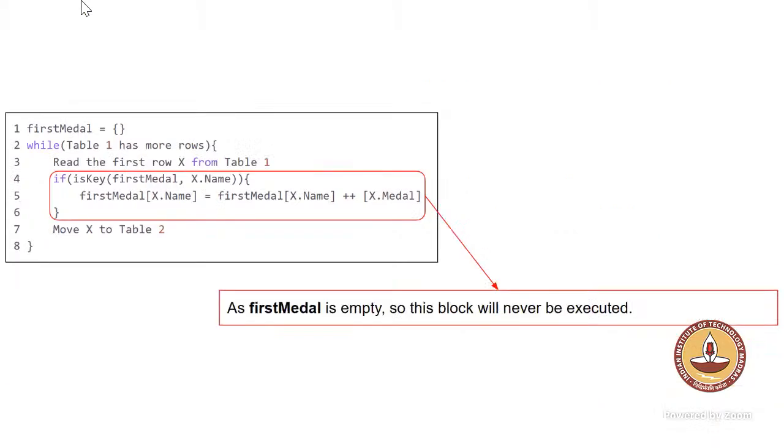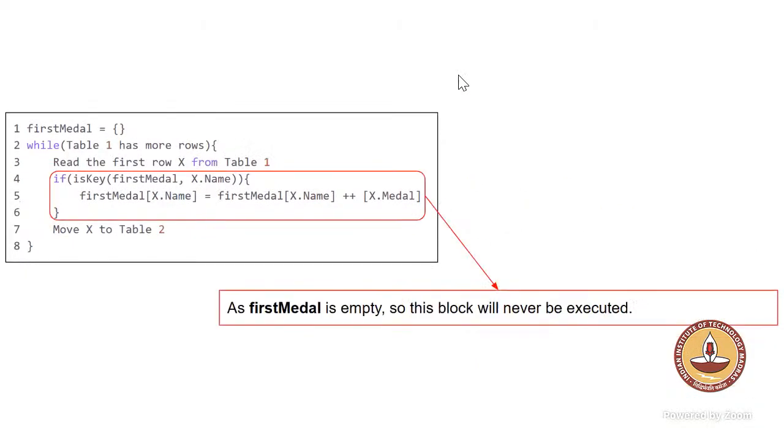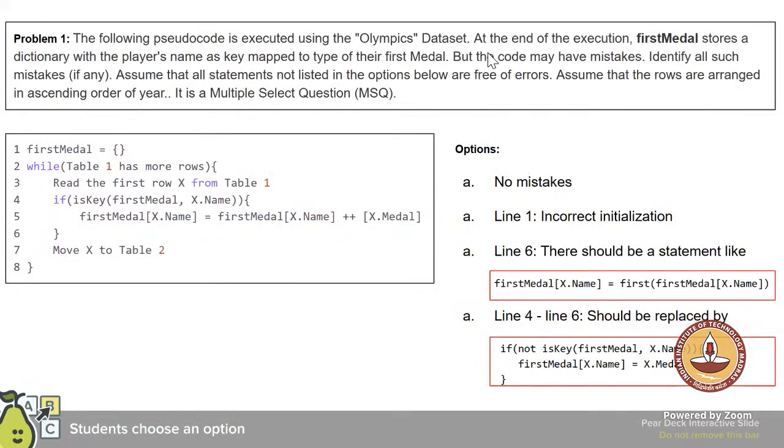It's not closing for me. Is executed using library dataset, right? Is it not library? It's Olympics dataset.